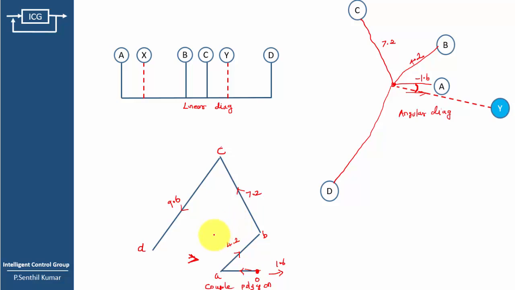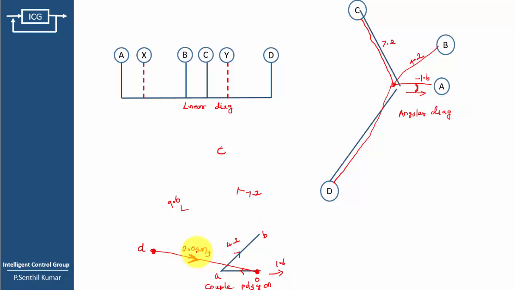Measure this magnitude. Before that, measure this line. This is a magnitude, and move this line. Move this line here, you will get an angle. If you measure this line, this is the remaining parameter 0.04 my. Go back to your diagram.